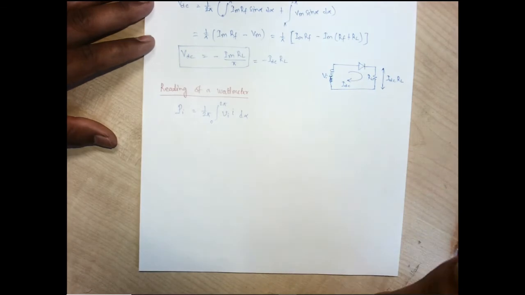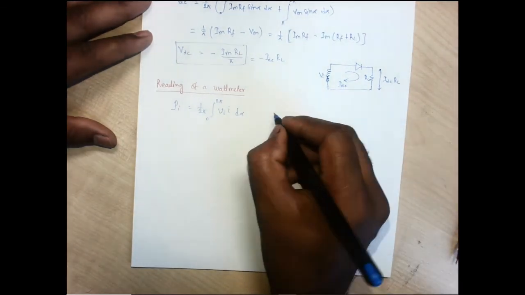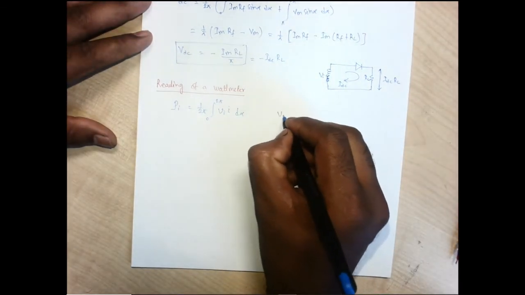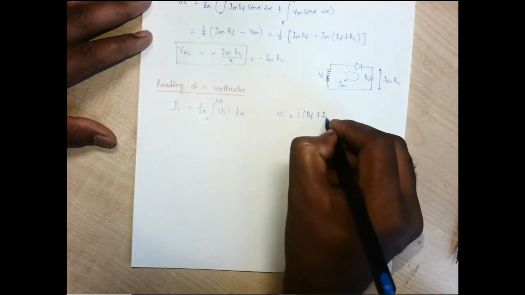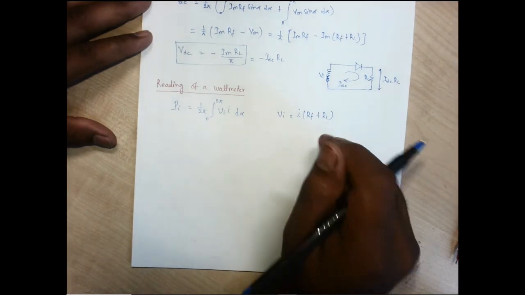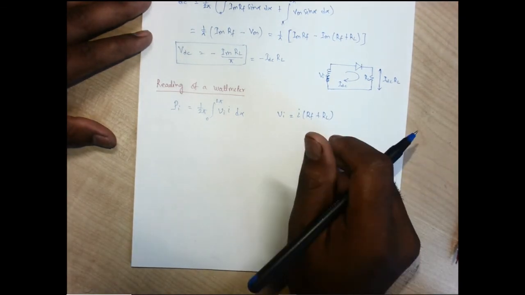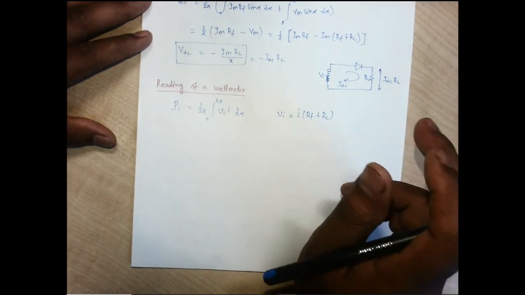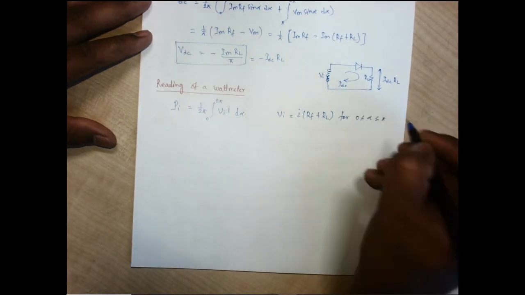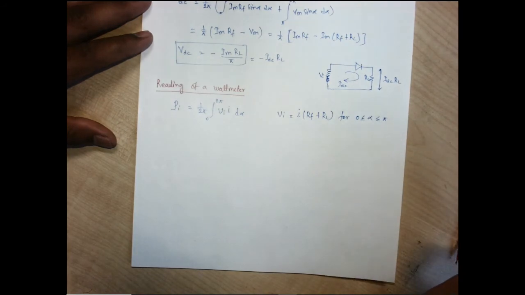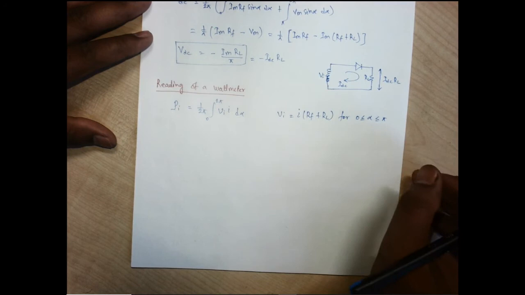V into I is the power. So what is this VI? VI is I into RF plus RL, and this is only available for 0 to pi, because the current is flowing only for the first positive half.